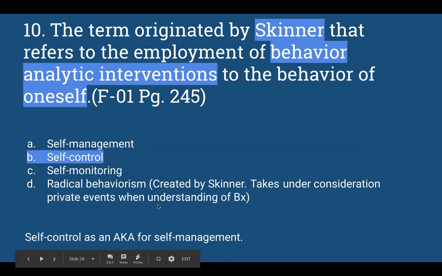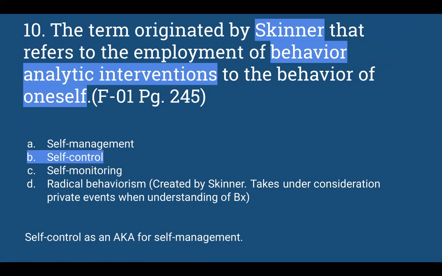So how do we differentiate self-management versus self-control? From what I remember in the book, they're very similar. The only difference is that self-control is the one from Skinner's time, and the more modern one would be self-management.